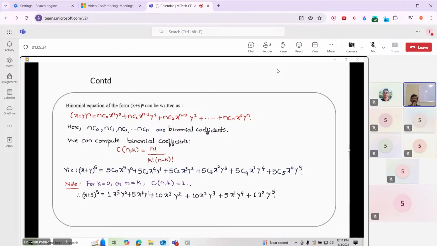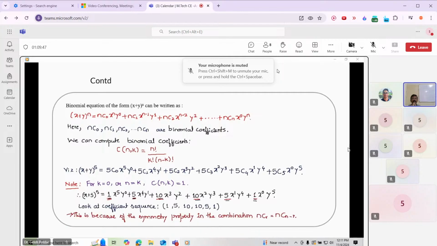If you look at the coefficient terms here, the first coefficient is 1, second 5, third 10, then 10, 5, 1. So the sequence is 1, 5, 10, 10, 5, 1, which you can see on either side. This is because of the property of symmetry in combinations: nCr is equal to nC(n minus r).